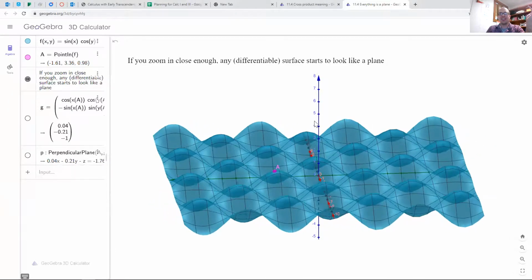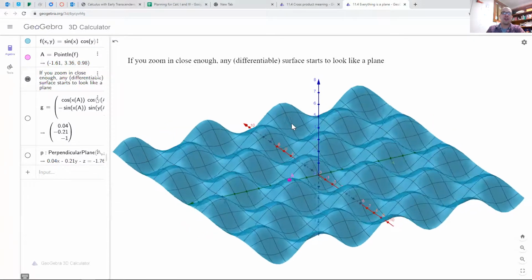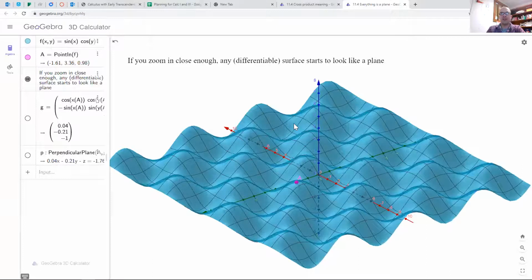Eventually, we're going to want to take some derivatives. We're going to do integrals. And in the context of derivatives, in single variable calculus, we were concerned with finding tangent lines, right? In multivariable calculus, we're going to be searching for tangent planes.